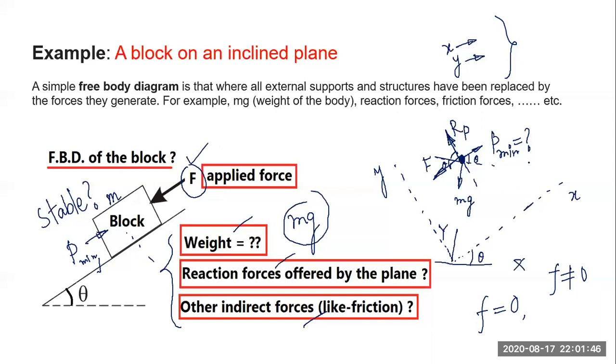So along with P minimum, there will be the addition of the friction force. That means this time the friction force is helping the block not to slide down. So the required value of P minimum will become less for a rough plane, and the required value of P minimum for a smooth plane will be higher than the rough plane.